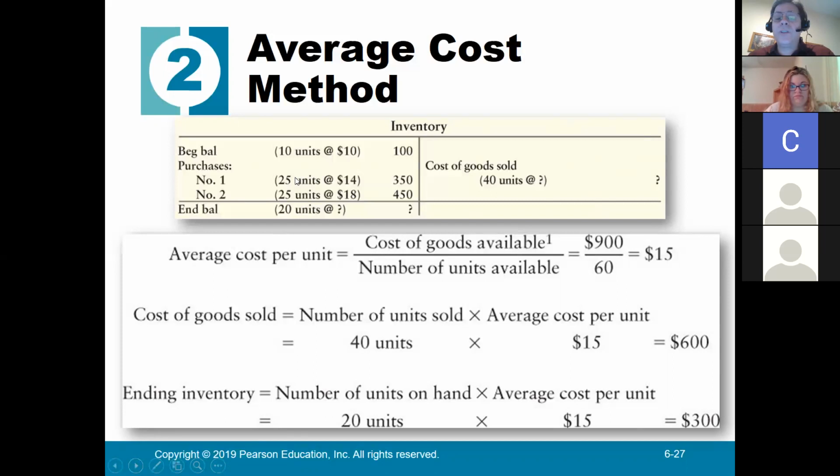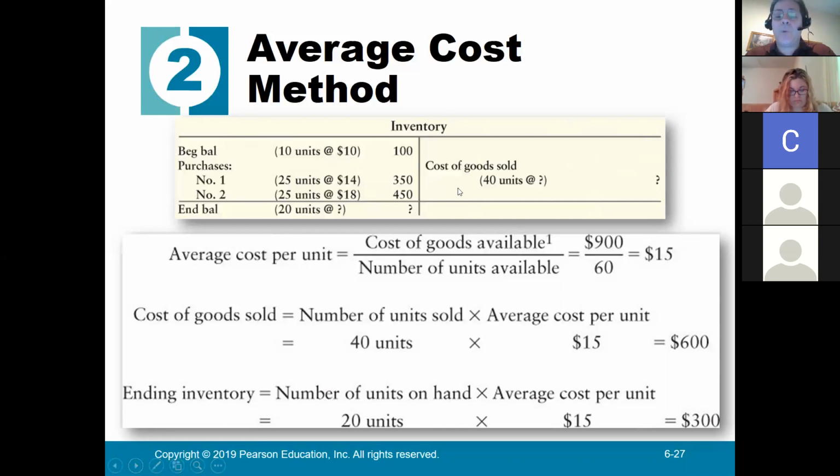We always calculate the average cost per unit at the date that we make the sale. Now, when you do your homework, there's one of the problems that doesn't specify the date that we make the sale.